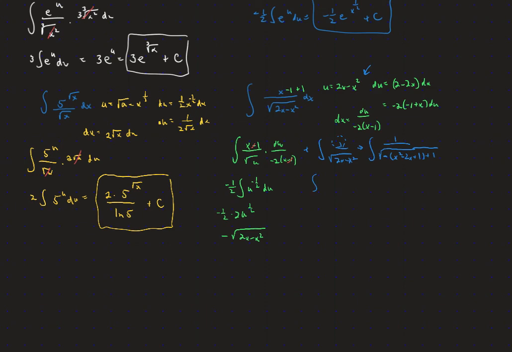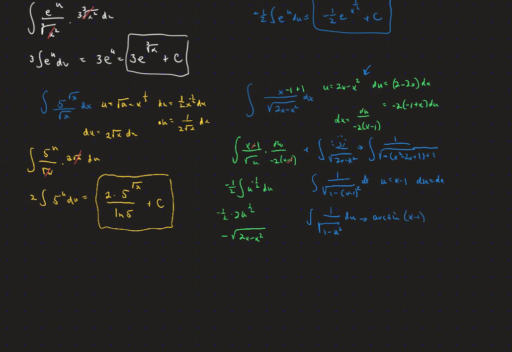So our integral now looks like 1 over the square root of 1 minus, and our u is going to be x minus 1 squared. So that is the 1 minus u squared that we were after. Our u is going to be pretty benign because the du is just dx. And so we get the integral of 1 over the square root of 1 minus u squared, and we just trade the dx in for a du, and we're going to get our arcsine of u, which we said was an x minus 1.